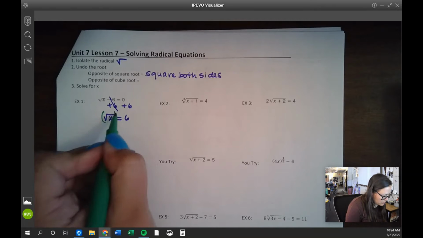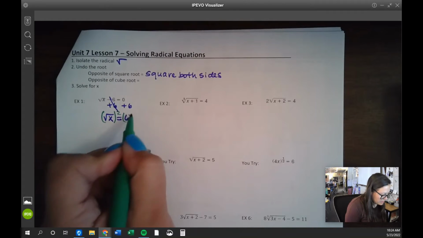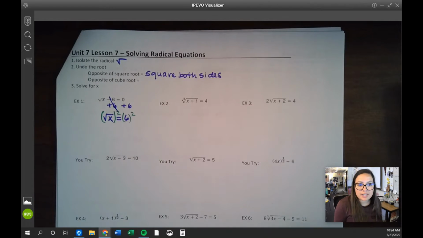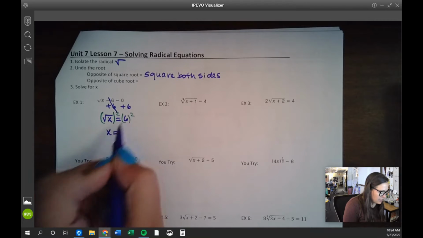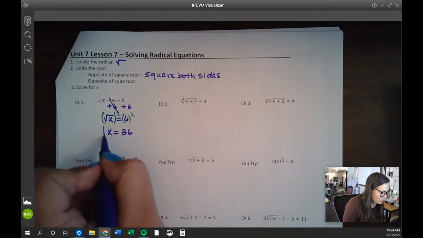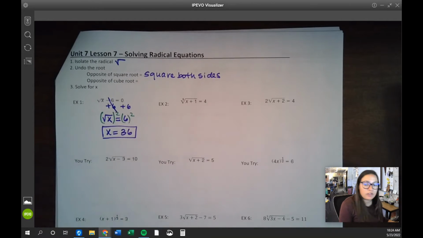So I am going to square the left side and square the right side. So the square root of x squared is just x, and 6 squared is 36. So my answer is x equals 36. And it's as easy as that.